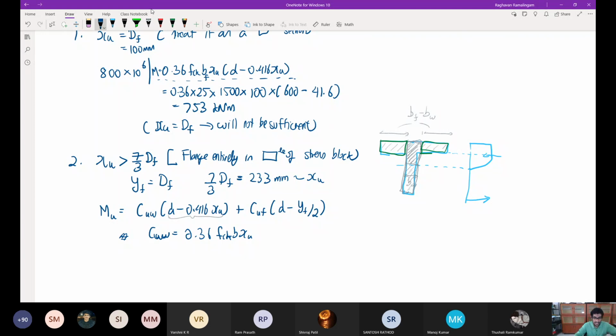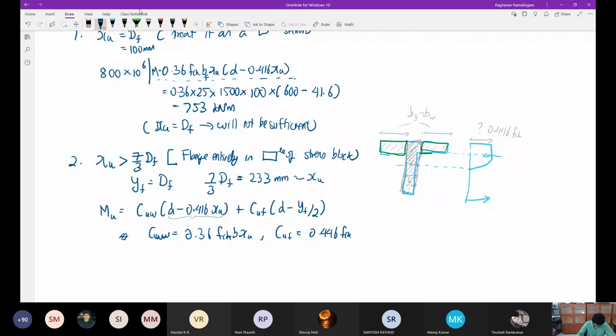Similarly CUF. This whole thing is in the rectangle. In terms of FCK, how much is the stress? It is 0.446 FCK, because the whole flange lies in the rectangle, your stress is 0.446 FCK.